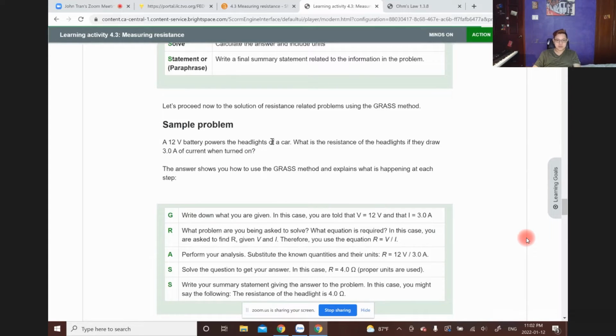Ohm. And remember, you have to put the proper units there. Always remember to put units, okay? So 12 volts divided by 3.0 amperes, so R equals 4.0 ohms. You have to write everything down like that. Otherwise, it doesn't have any meaning.